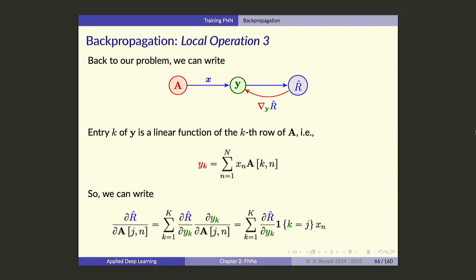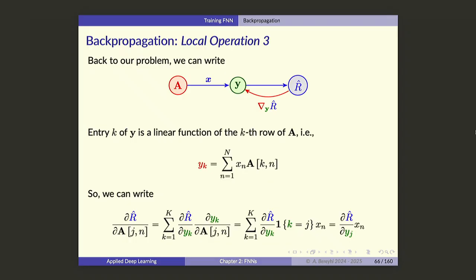This particular derivative is going to be xn if you have the same row and the same index for y and row for a, and it's going to be 0 anywhere else. So this is going to be of this form. So one particular guy, if you consider one particular entry, then you're going to get the entry of x, which is corresponding to the column, entry of y, which is corresponding to the row, and then you multiply them, which is eventually the outer product, okay?